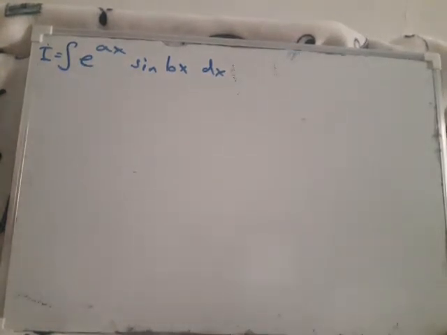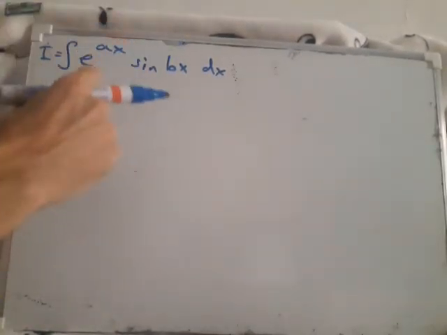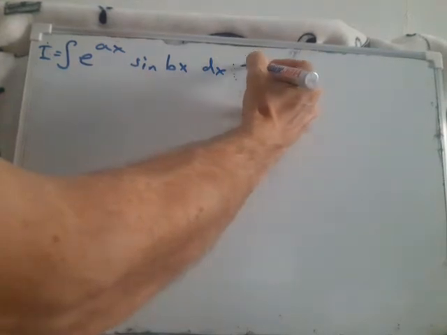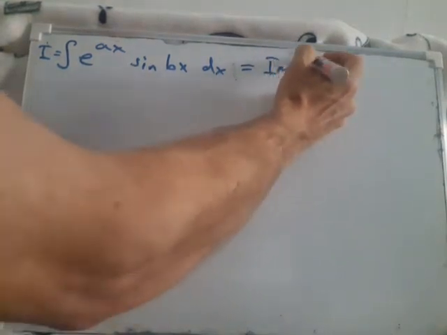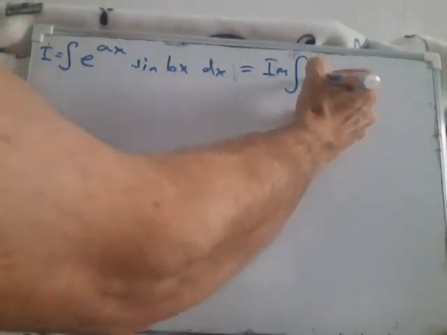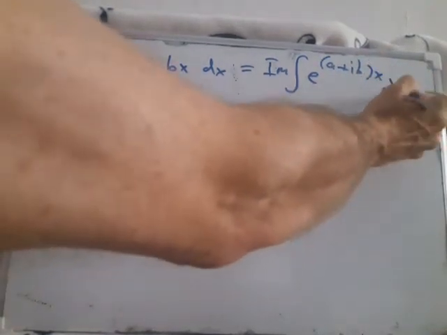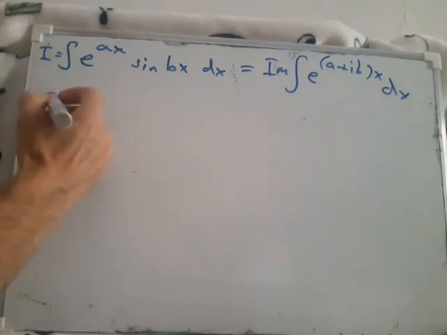So the alternative way is to realize that, of course, sine bx is the imaginary part of e to the I bx. So I can rewrite this as the imaginary part of e to the a plus I b x dx, which is much easier to integrate.